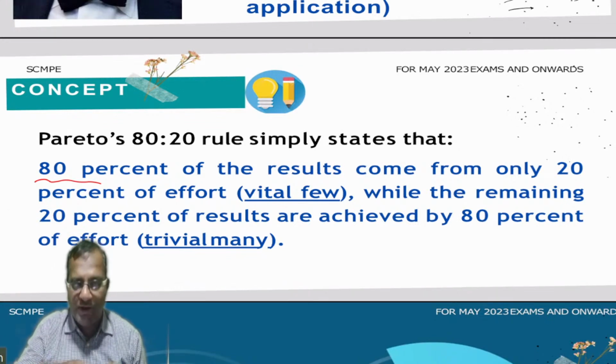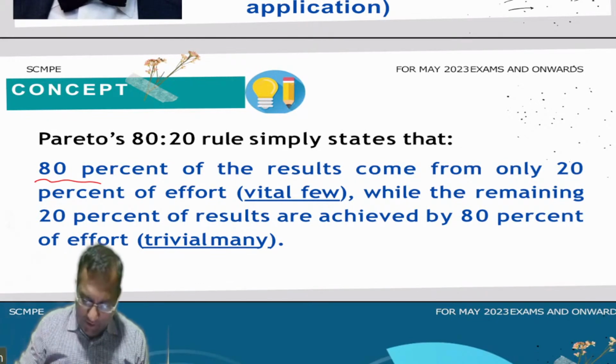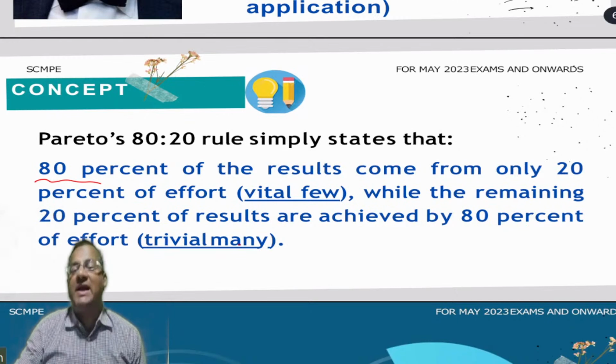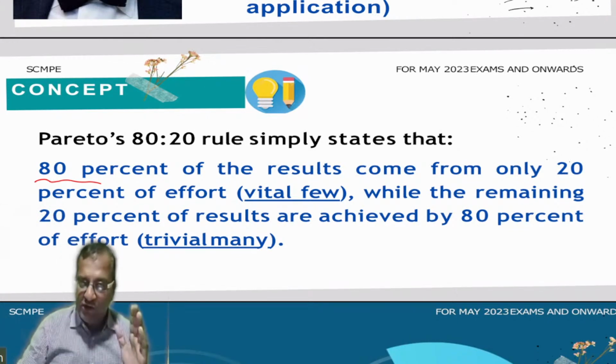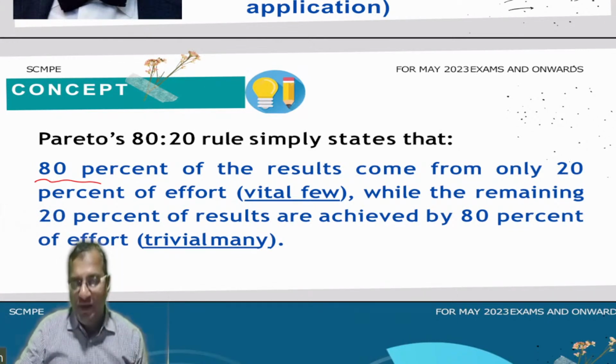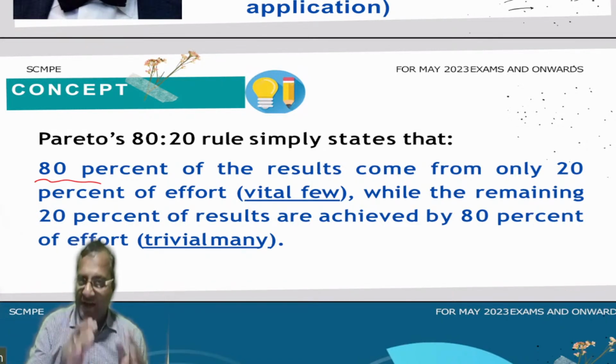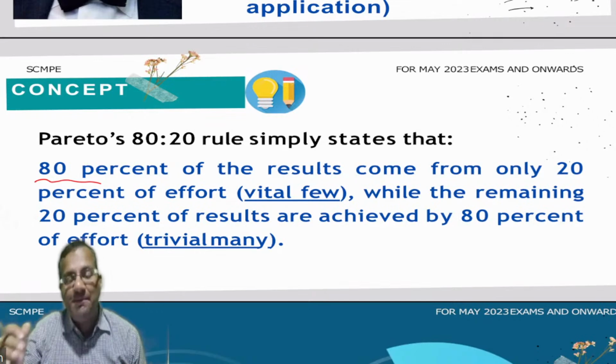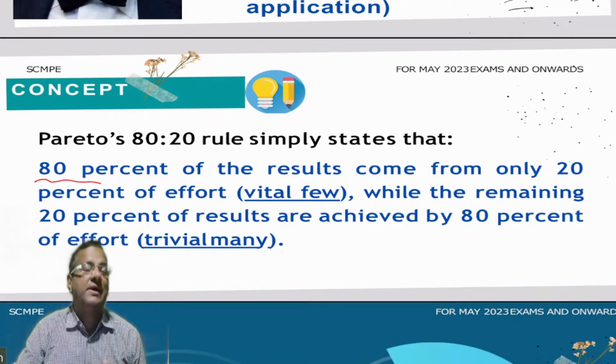Result can be turnover, result can be profit, result can be wealth, anything. While the remaining 20% result are achieved by providing 80% of effort, इसको बोला जाता है trivial many. So management should first focus on vital few and then it should focus on trivial many, because vital few, that is 20% of effort, वहां पे आप सर्च कीजिए जो आपको 80% रिजल्ट प्रोवाइड करते हैं.